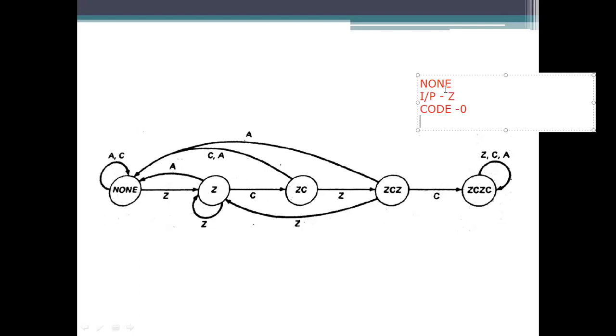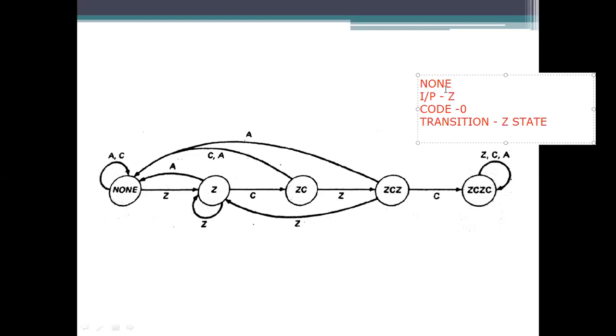We mentioned the output beside the inputs, but here we didn't mention any. Whenever we have the input value Z, with code equal to 0, what we need to specify is that the transition has to be done to the Z state.